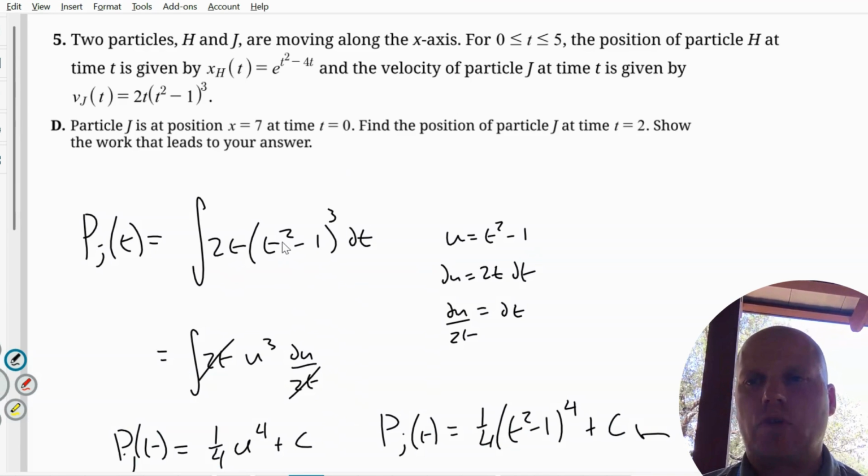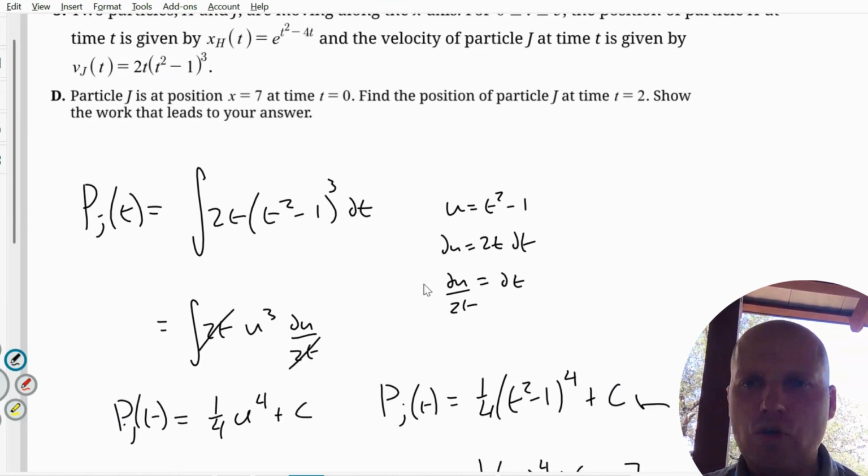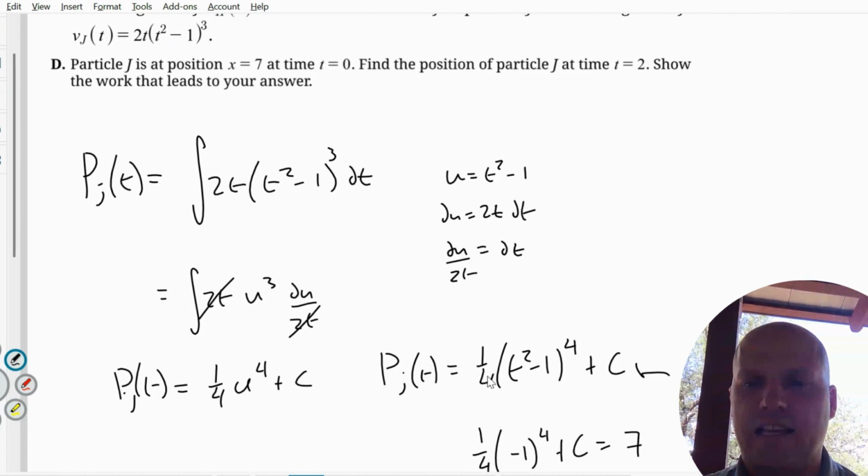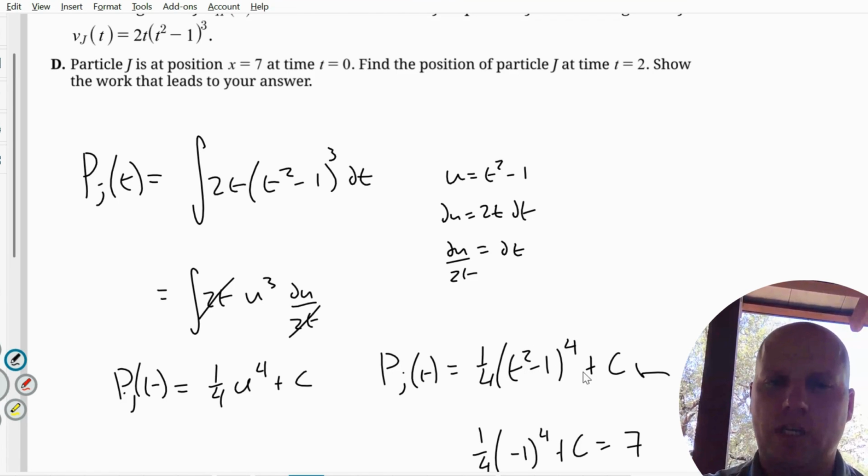I use U substitution to take the antiderivative to get the position function. I have a velocity, take the antiderivative, you get a position. You could have figured out that the antiderivative was 1/4 (t squared minus 1) to the fourth. Imagine the 4 coming down, this would turn into a 3, and then I'd have (t squared minus 1) cubed times 2t. That could have been figured out intuitively because the derivative of the inside is on the outside.